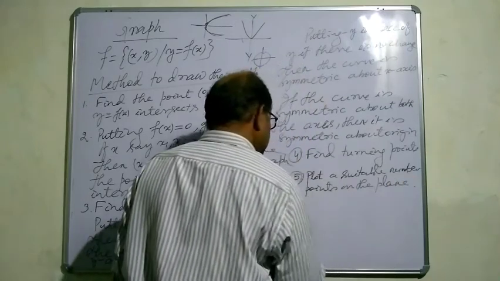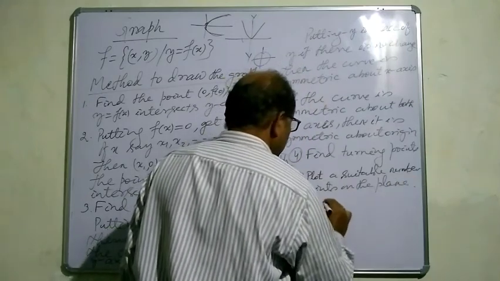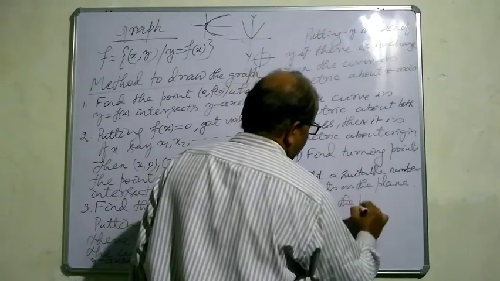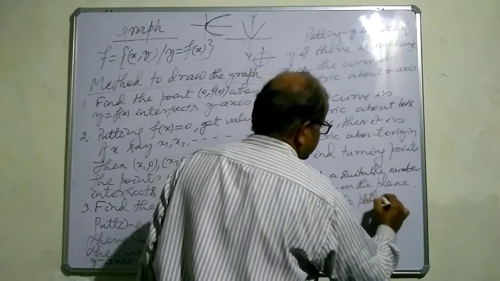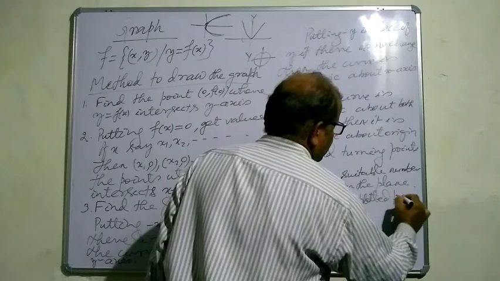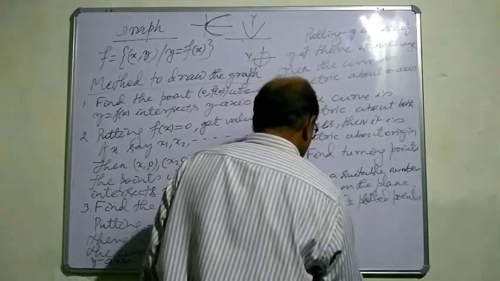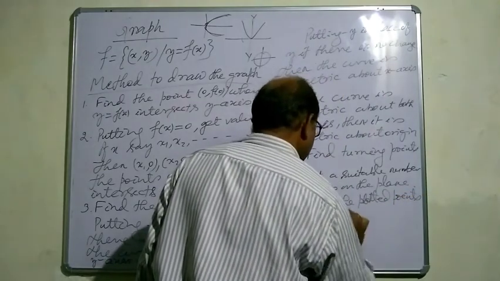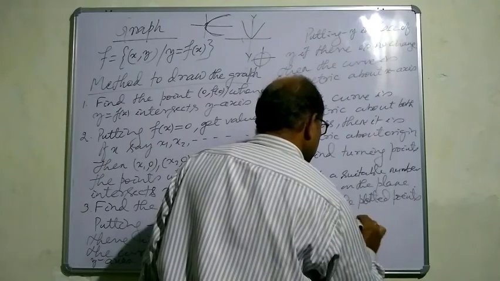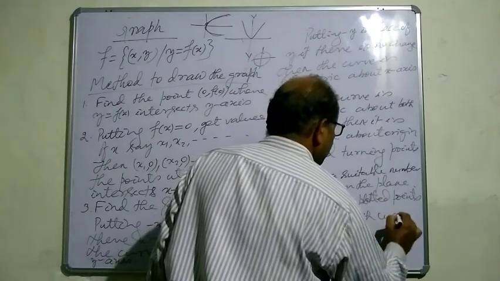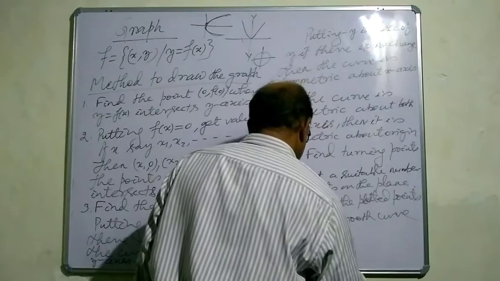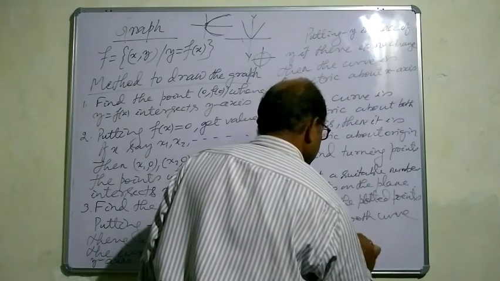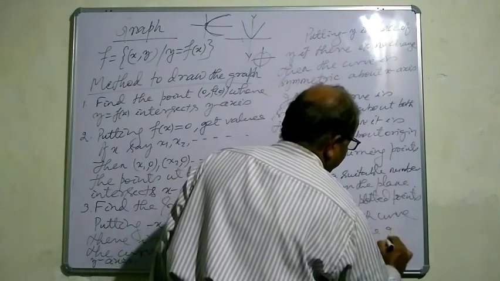Then number 6, join the plotted points with a smooth curve, which is the graph of the function.